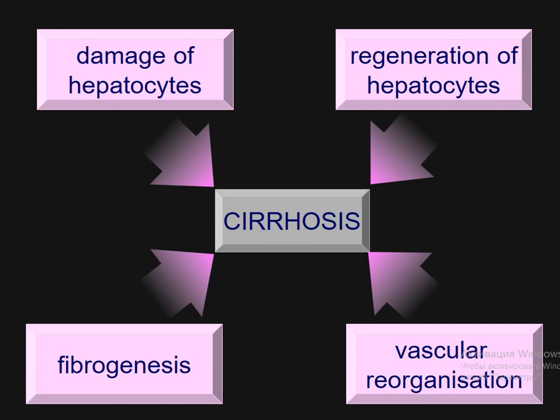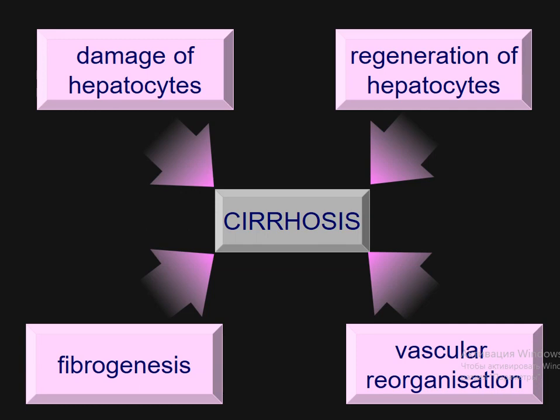Due to damaged hepatic parenchyma and formation of fibrous nodules, the new vessels formed in the fibrous septa are connected to the vessels in the portal triad, branches of the hepatic artery and portal vein, and then the blood is drained into the hepatic vein.